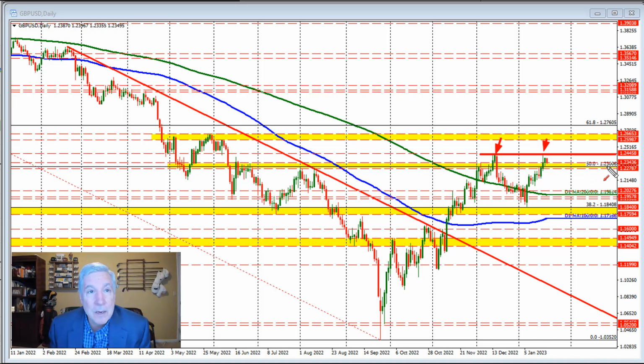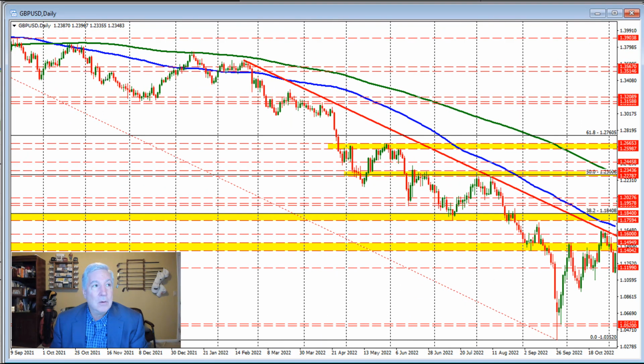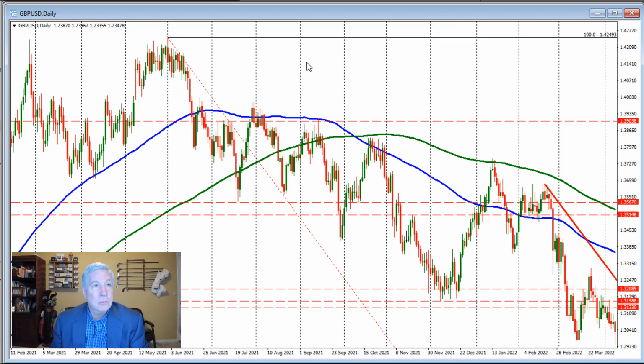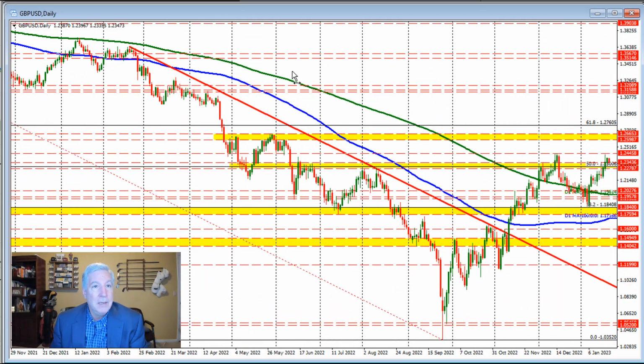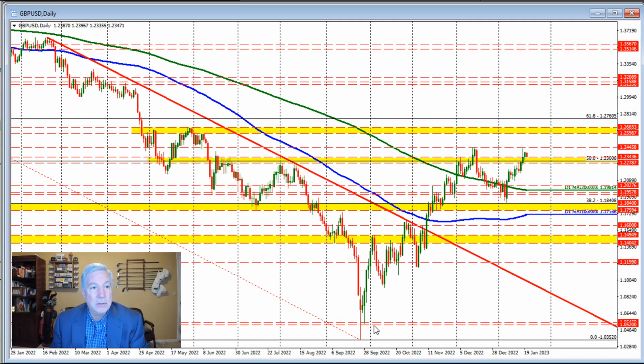Let's remember the 123.00 level. I think I can remember that. That's a nice round number when we go to the hourly chart, but that is the 50% midpoint of the move down, going all the way back to this point right here, which is in 2021. So the 2021 high to the low that we saw here in September, the 50% retracement comes in at 123 even.